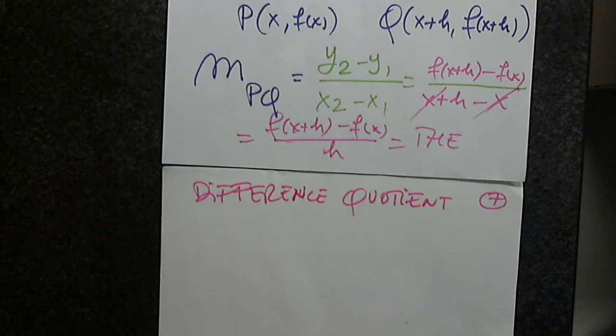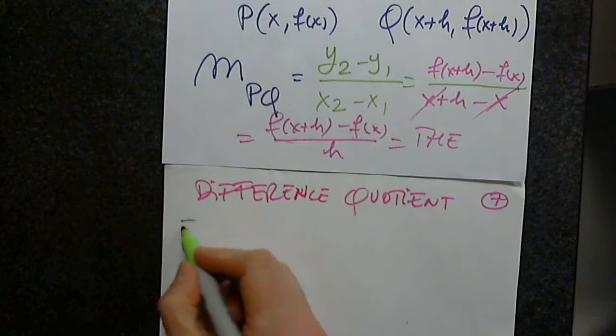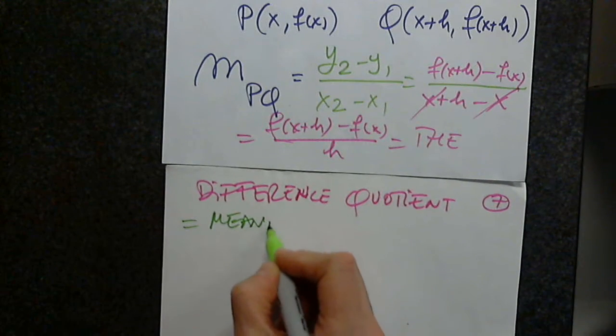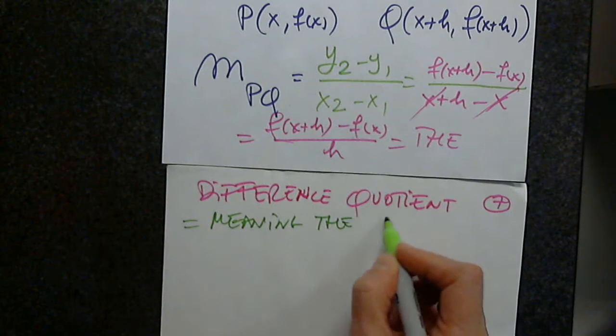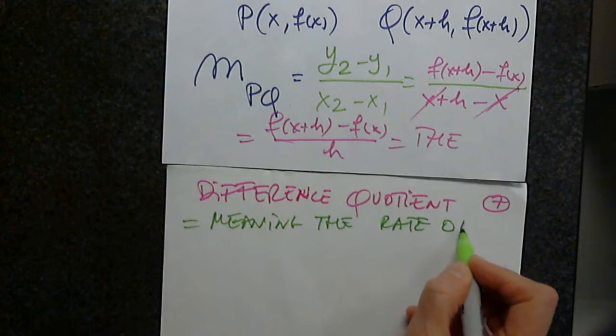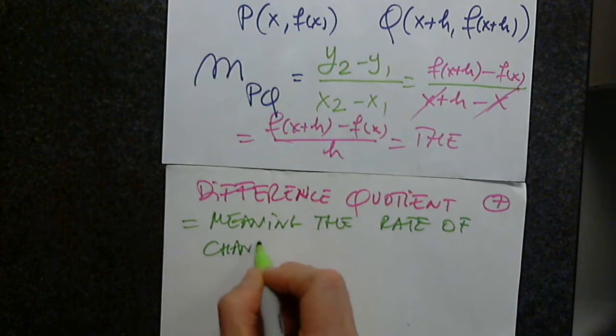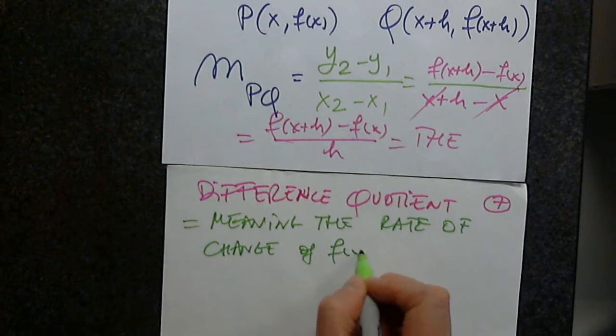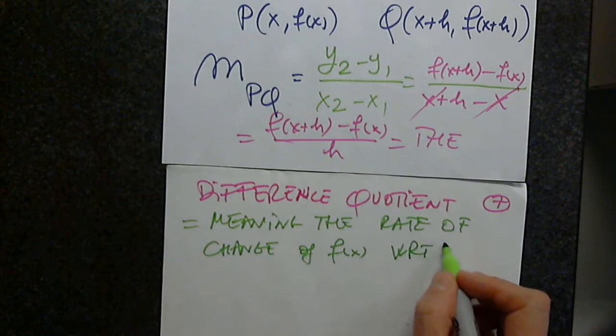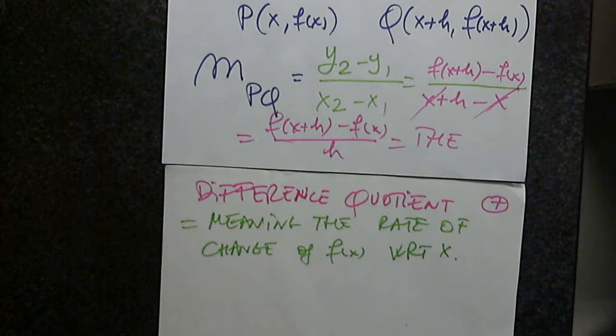And you can say, it's the slope of this line. True. But the meaning, the actual meaning is the rate of change of function f of x between P and Q. Meaning, the rate of change of f of x with respect to x between P and Q.